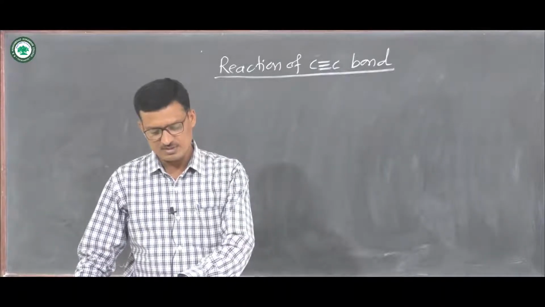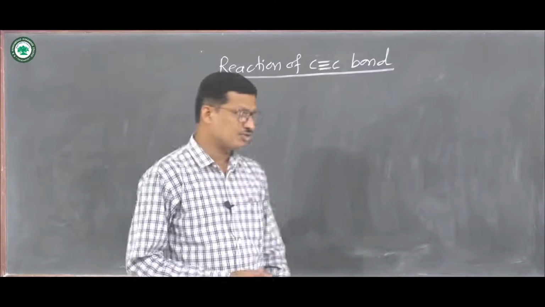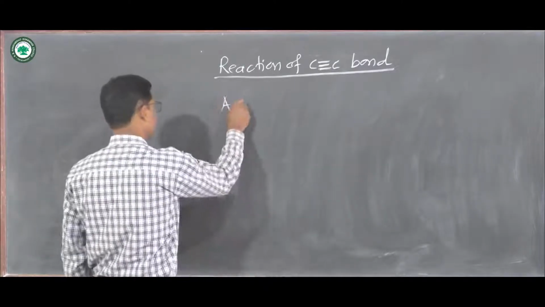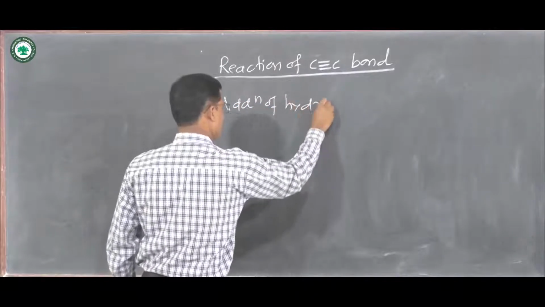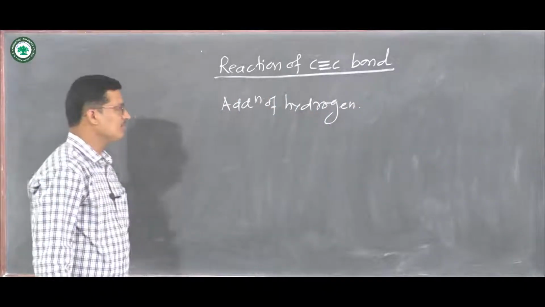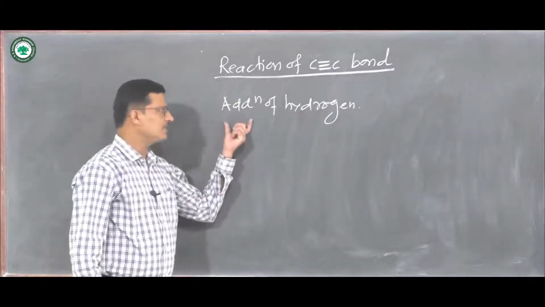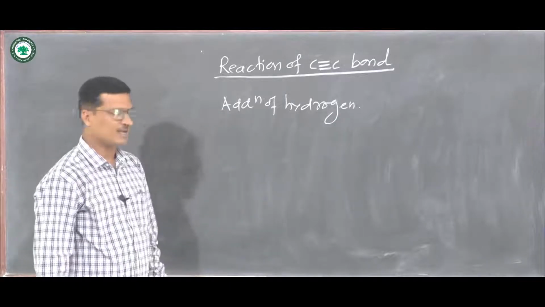Suppose we take one simple example and you discuss the addition of hydrogen. We know in case of the carbon-carbon double bond, the alkene reacts with hydrogen and there is formation of alkane.